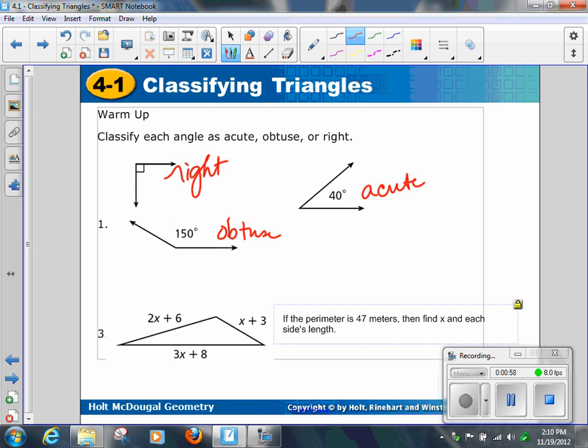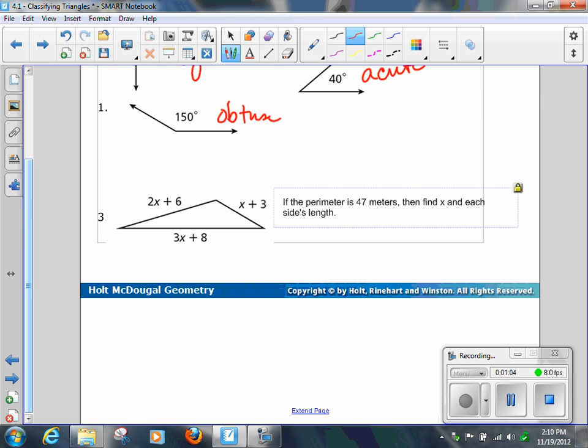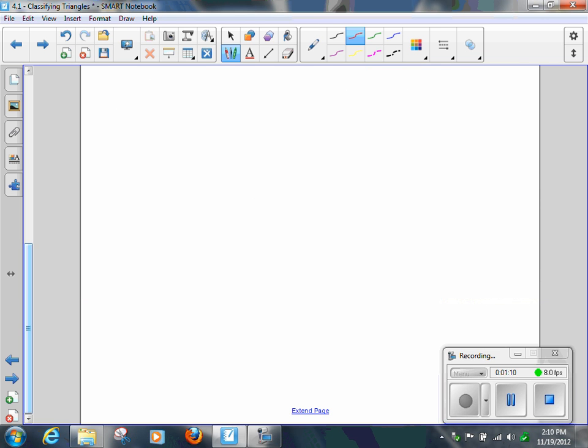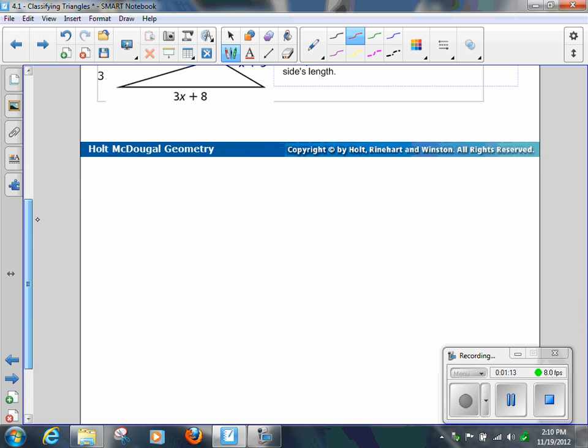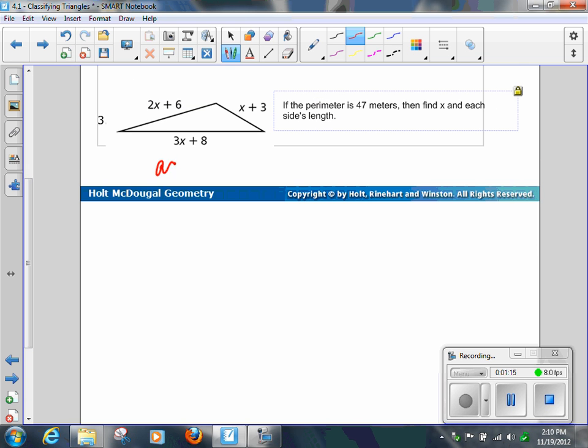Okay. Now, how do we find the perimeter? Daniel, how do we find the perimeter? All right, so we're going to take all the sides, and we're going to add up all the sides. So that means I'm going to take 2x plus 6.